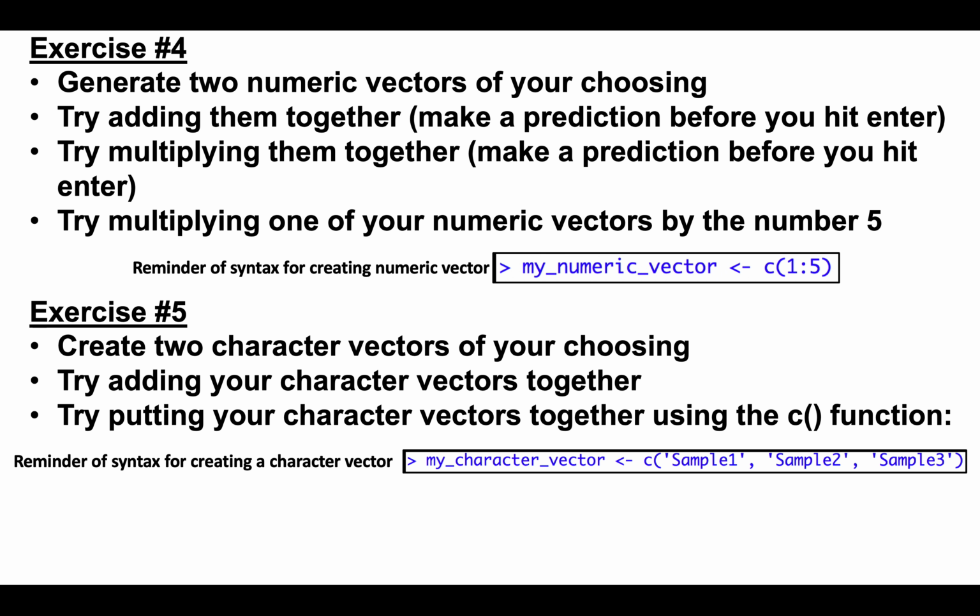We've got a reminder of the syntax here for creating numeric vectors, so you don't have to go back. In the next exercise, I want you to create 2 character vectors of your choosing, and then try adding those together. You should get an error, so don't be surprised when you get an error there. Then try putting your character vectors together by using the C function, so try to combine your 2 separate character vectors into one. Go ahead and pause the video and give that a try, and then we'll come back in a moment and take a look at those answers.